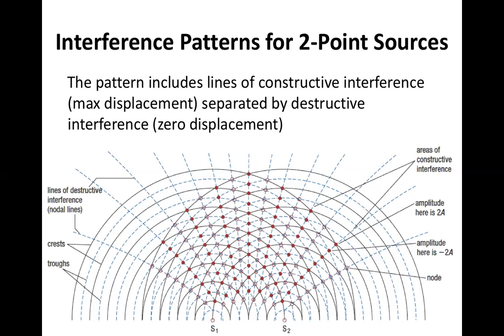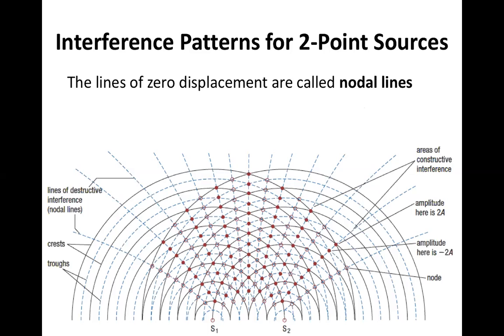And this pattern includes, they're alternating. So it's destructive, constructive, destructive, constructive. And the lines of zero displacement, so the lines of those nodes, are called nodal lines.